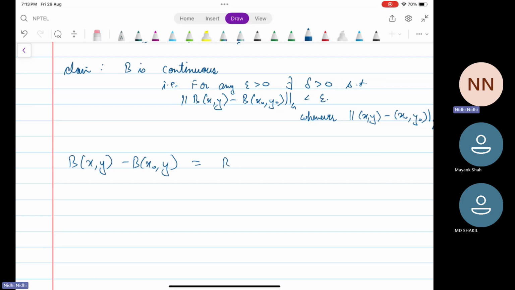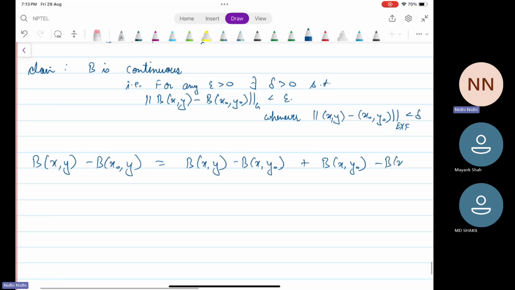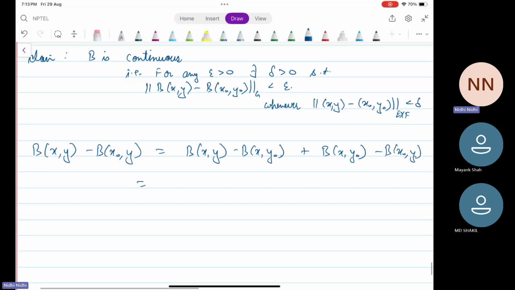So this is B(x,y) minus B(x, y naught) plus B(x, y naught) minus B(x naught, y naught). So this is just B(x, y minus y naught) plus B(x minus x naught, y naught).